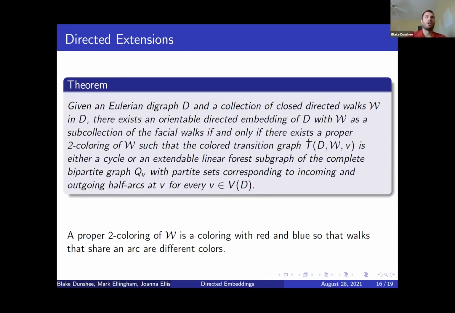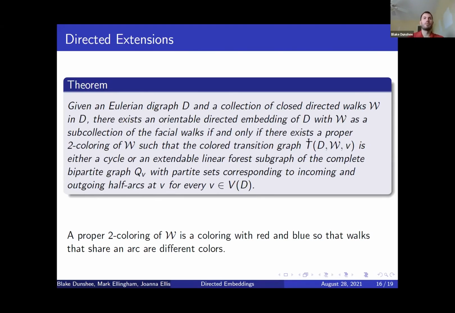So what we are able to show is that given an Eulerian digraph D and a collection of closed directed walks W in D, there exists an orientable directed embedding with W as a subcollection of the facial walks if and only if we have a proper two coloring of W. So we assign a two coloring to these predetermined facial walks such that the inherited colored transition graphs are either cycles or they are extendable linear forests of the complete bipartite graph, where the partite sets correspond to incoming and outgoing half arcs at every vertex in our directed graph.